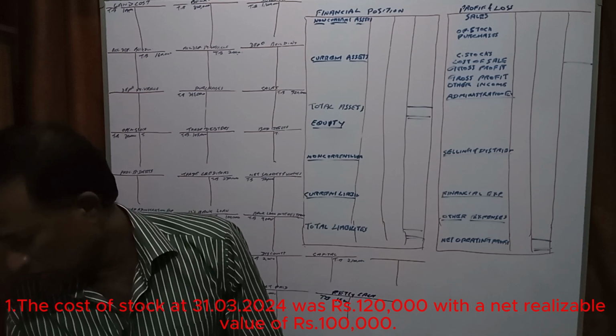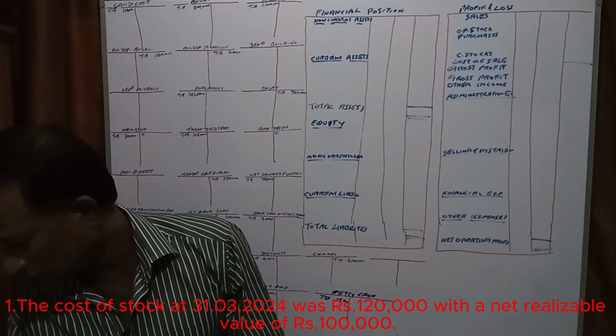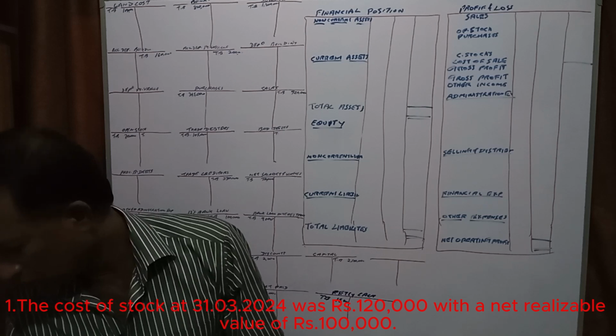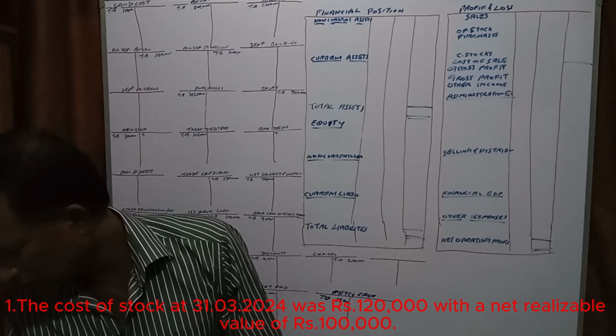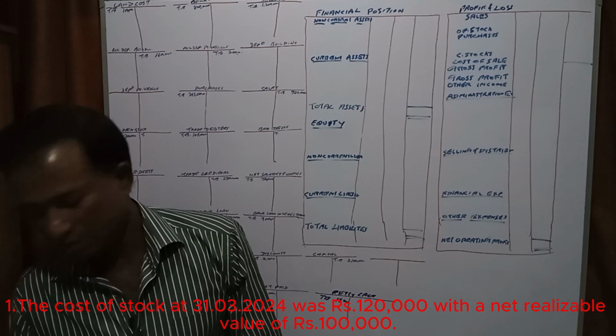The first adjustment: the cost of stock as at 31st March 2024 was 120,000 with a net realizable value of 100,000.